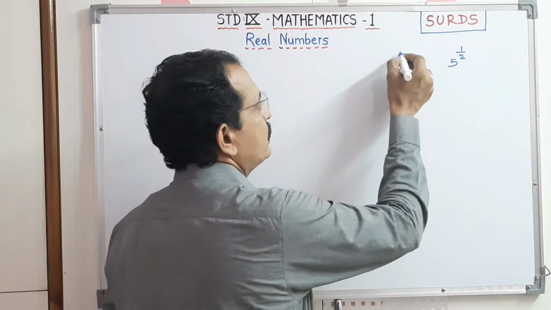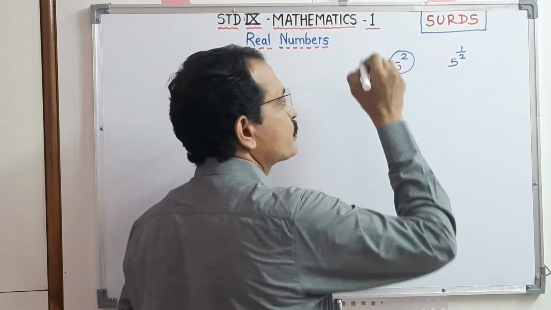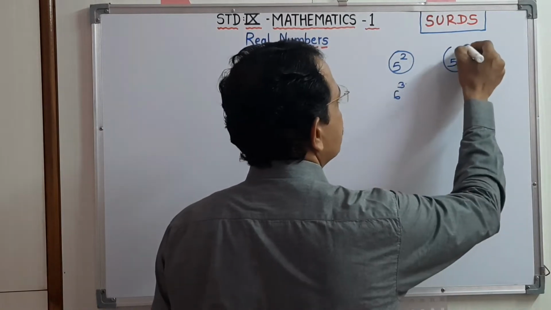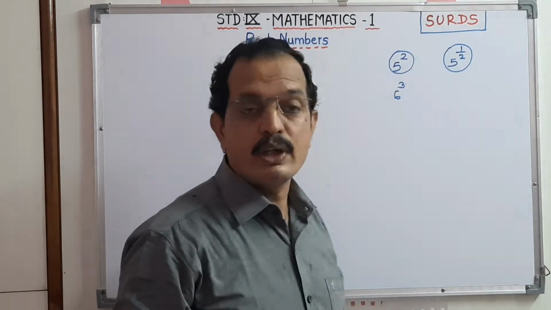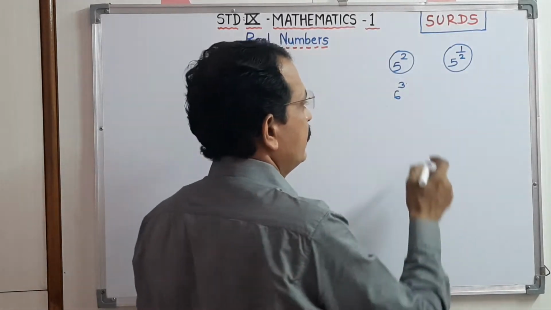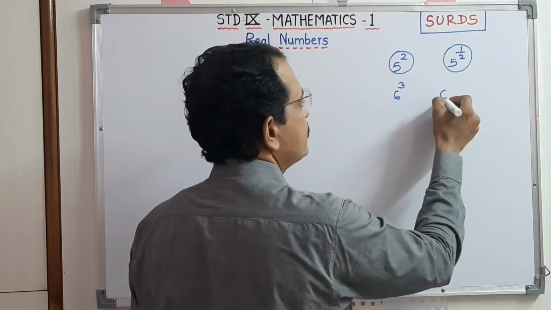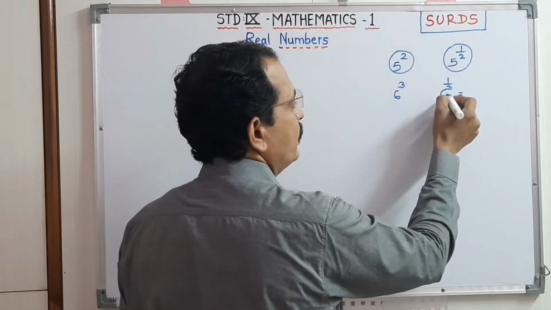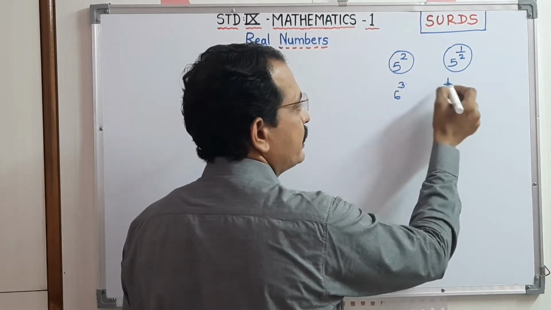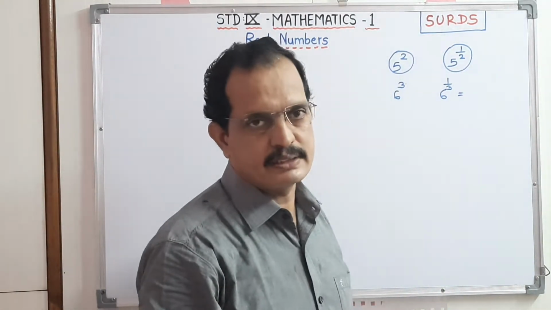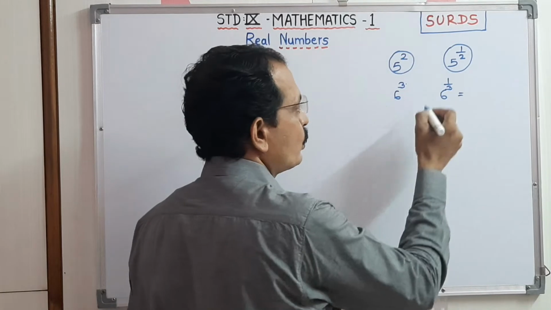Now dear students, we read the first as the square of 5 and here we read it as the square root of 5, that is the second root of 5. Suppose I write here 6 raised to 1 upon 3. Then here 6 is the base and the index is 1 upon 3. Therefore we write here the third root of 6.